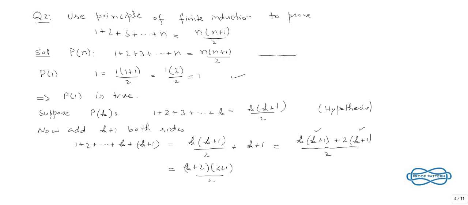And this shows that Pn is true, because here instead of n it is k plus 1, and instead of n plus 1 it is k plus 2. This means P of k plus 1 is true, and hence Pn is true for all n greater than or equal to 1.